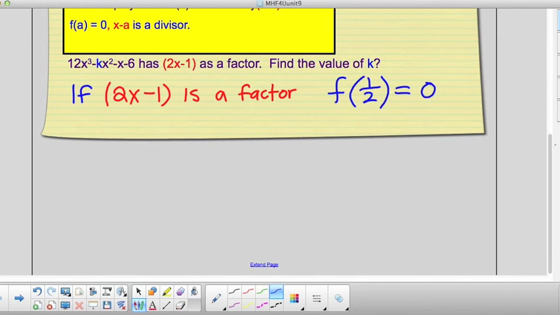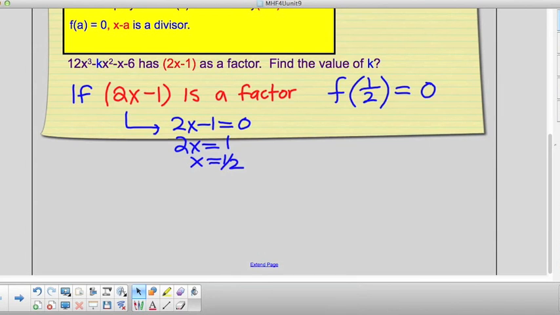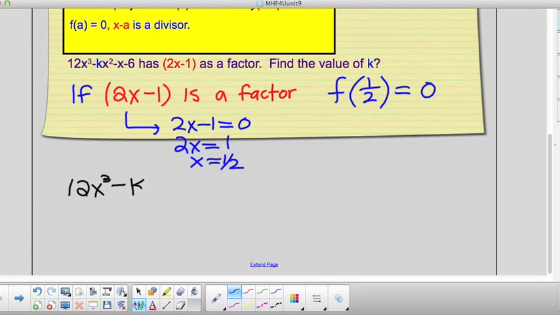Now the way I got 1/2 in the first place is to solve for the value of x. 2x minus 1 is equal to 0. 2x is equal to 1. That means x is equal to 1/2. So that has to be our input value. So if I take the original equation that I've been given, 12x cubed plus kx squared minus x minus 6 is equal to 0.